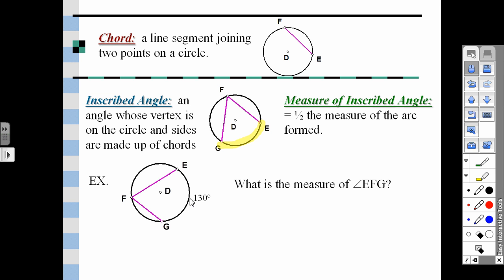If this arc right here is 130 degrees, we can use our formula and take half of it, and that angle is going to be 65 degrees. So this information will be useful if they ask you to figure out the measure or the length of this arc. Maybe they tell you this angle instead, so you'll have to double that to get the arc measure in order to plug that into your formula.